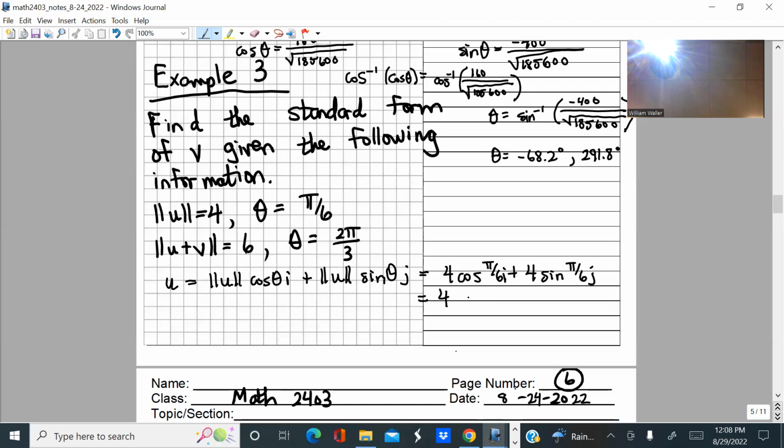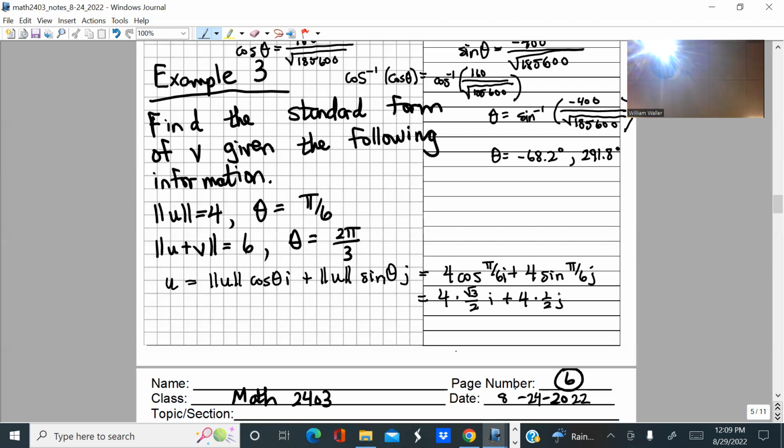Do you remember exactly what cosine of pi over 6 is? Pi over 6 is 30 degrees. Do you remember the cosine of 30 degrees? Yes, that's perfect, it's square root of 3 over 2. Excellent. And plus, what about the sine of pi over 6? That one's even easier: 1/2.